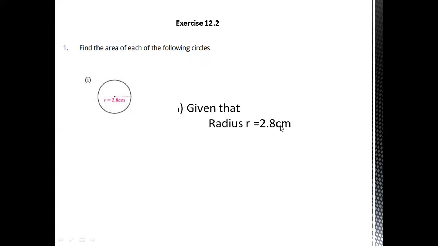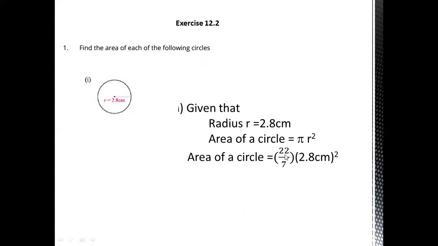Given that radius r is 2.8 centimeter, area of a circle is pi r square. So pi value 22 by 7 and r value 2.8 centimeter whole square. Square means that this 2.8 you multiply 2 times, not with 2.